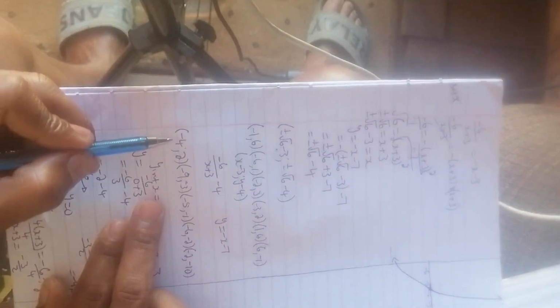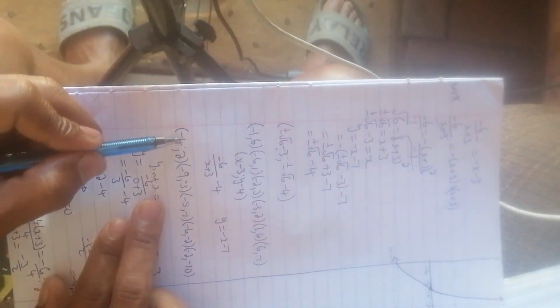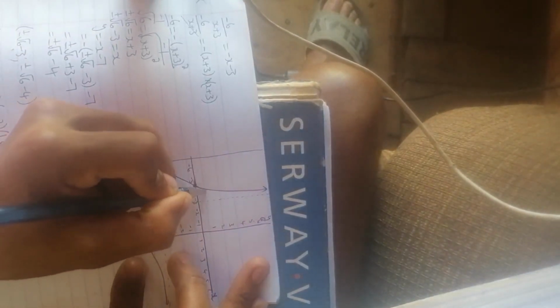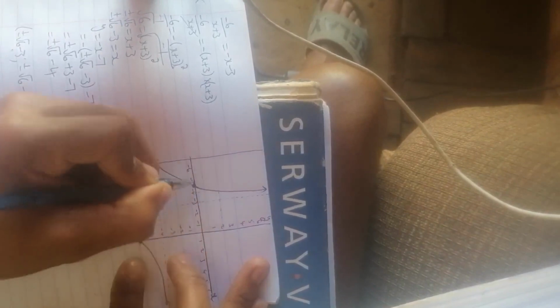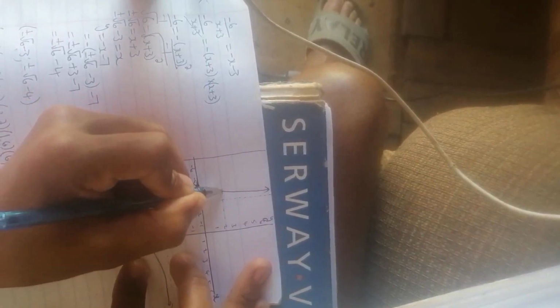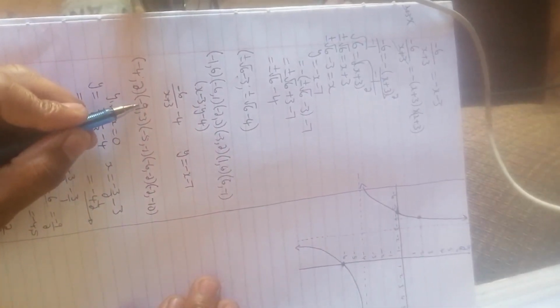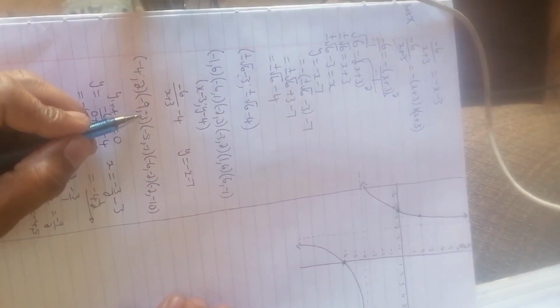We would see that when x is minus 4, y is 2. So that's a point somewhere there. And when x is minus 9, y is minus 3. So minus 9 might be a value somewhere here, and minus 3 somewhere there.